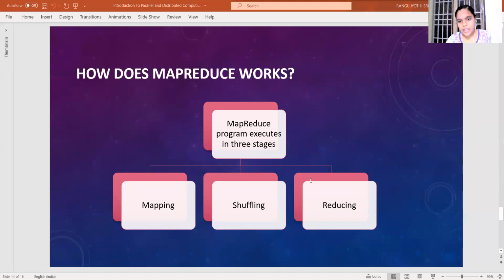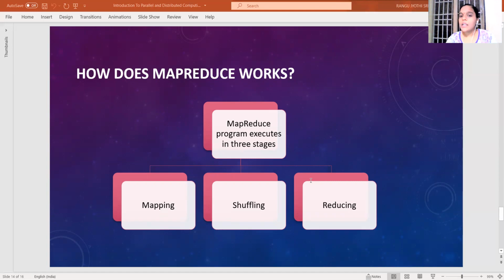In the mapping stage, the main job of the mapping function is to process the input. Generally, the input comes from a source of data. That input is taken in the form of a directory or a file, and it is stored in HDFS, that means Hadoop Distributed File System, and this input file is passed into the mapper function line by line.